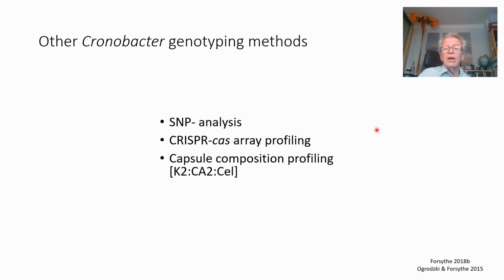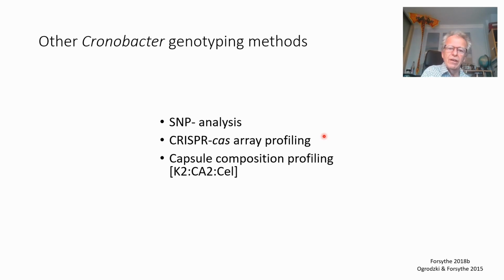There are other genotyping methods out there. I've shown you a quick way that you don't need to be a bioinformatician, you just need to be able to use Excel and click a mouse. SNP analysis will give you greater analysis, but you have to be careful, what is my reference strain to call SNPs, and that's not standardized. CRISPR-Cas arrays, we published on that, very powerful because of this clonality.